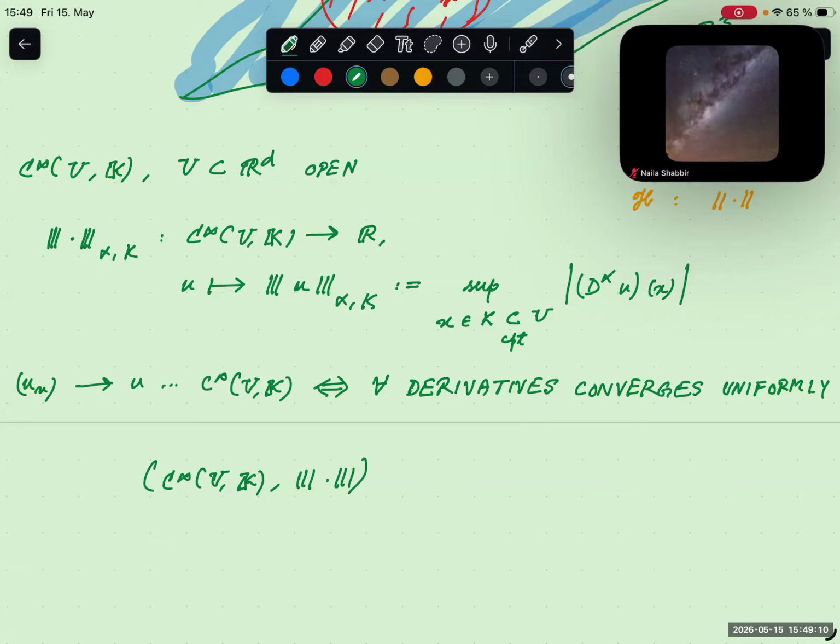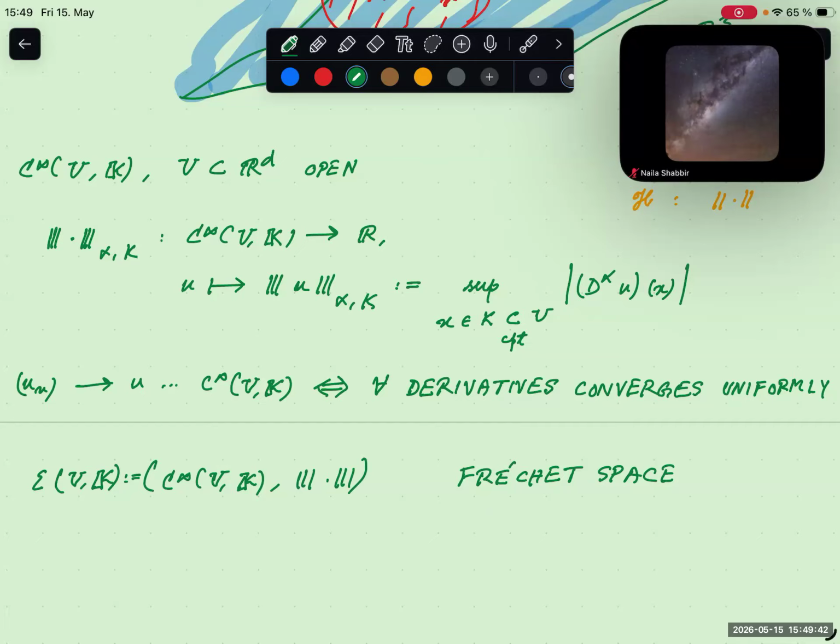And this space is sometimes denoted by E(U), due to the notation used by Laurent Schwartz. And this is called a Frechet space, named after French mathematician Frechet.